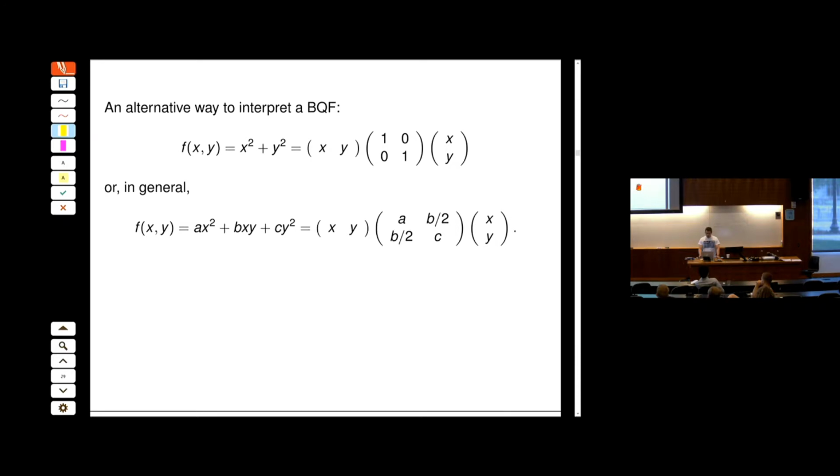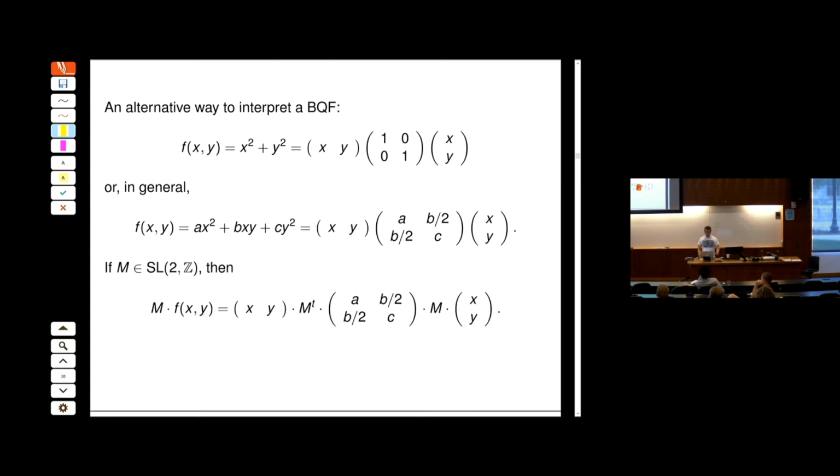If you write it in that form, then in general, a quadratic form is given by a matrix of that form. And when you act on your binary quadratic form by the matrix M, the matrix that is associated to your quadratic form is changed by multiplying on the left and the right by M and the transpose of M.